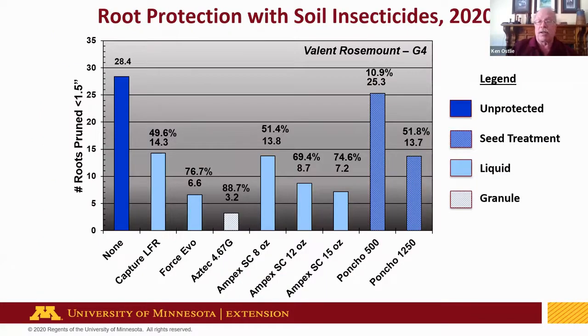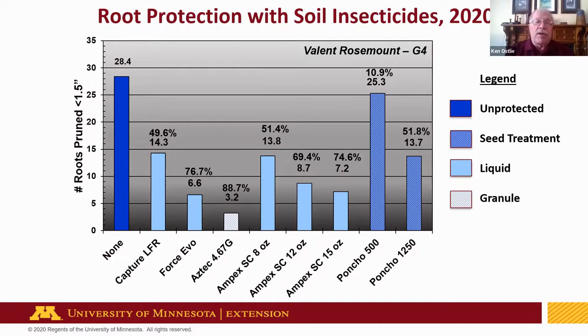So there's two slides of performance here that are pretty typical. On the left is the unprotected root system where we're getting almost 3 nodes gone. And if we take a look over on the right, you've got 2 rates of the seed treatment itself. You can see even the 1250 rate isn't getting very good kill. We're only at 52%.